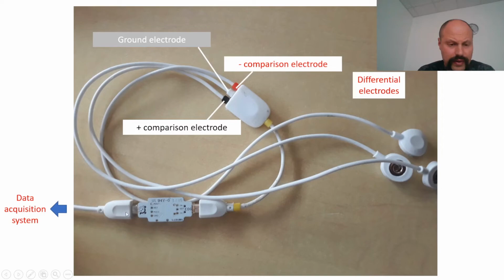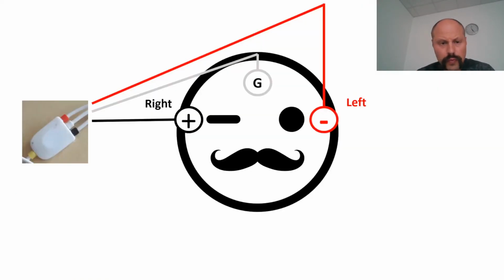So that part is connected to the cable which leads to the data acquisition system, and the other side is connected to the electrodes. There are 3 electrodes, positive, negative, and the ground. And they are placed this way on the face of the participant in order to detect horizontal motion of the eyes.